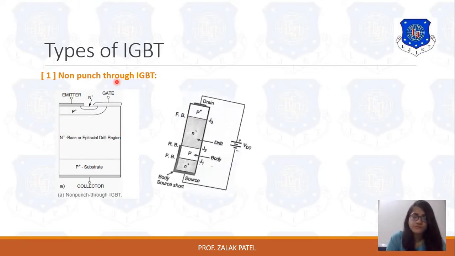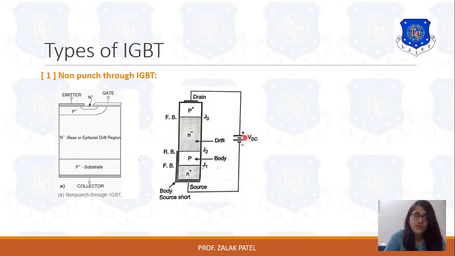Now what will happen? First of all, for the same structure we apply forward voltage, meaning first a positive voltage is applied to the construction. Please note that junction J1 is between P plus and N plus, junction J2 is between the drift layer and P layer, and junction J3 is between P plus and N minus. For these three junctions you have to consider the reverse bias and forward bias cases.